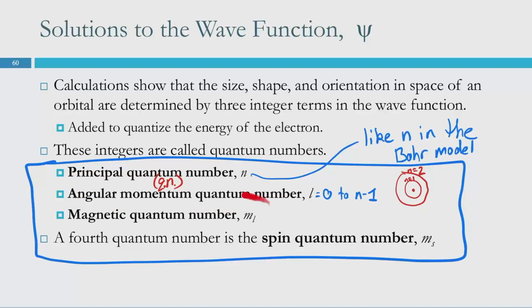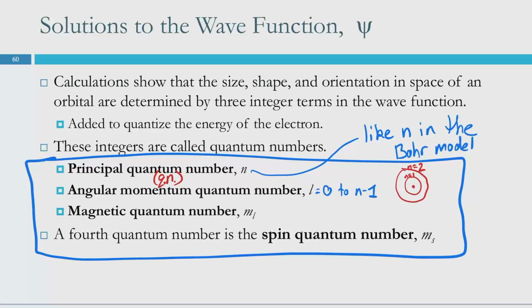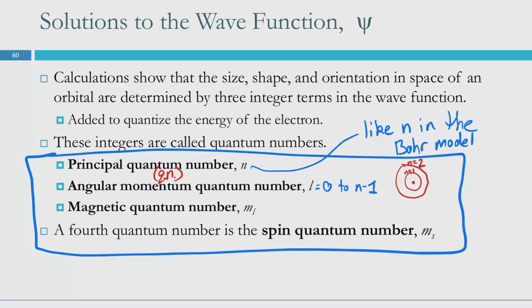And our angular momentum quantum number is also sometimes called a subshell, or I call it our shape family. So we've got different options for shapes that we can make with our orbitals, which are individual shapes where our electrons live.